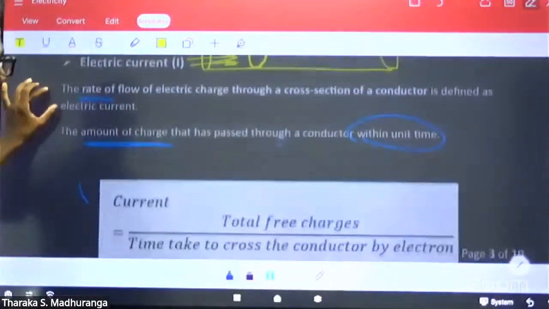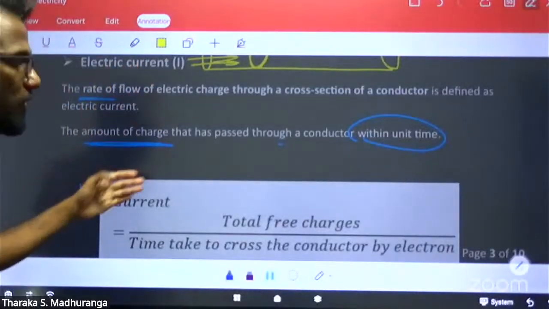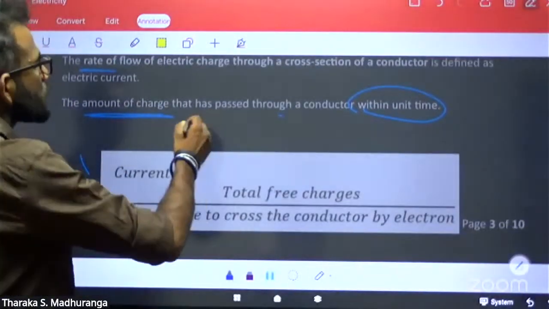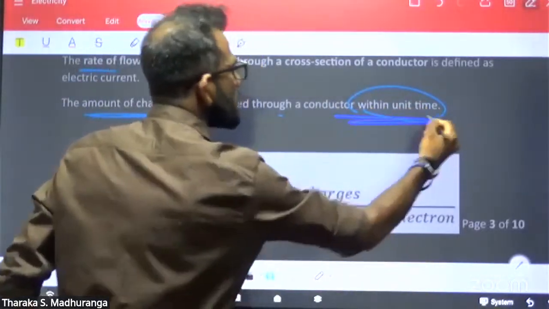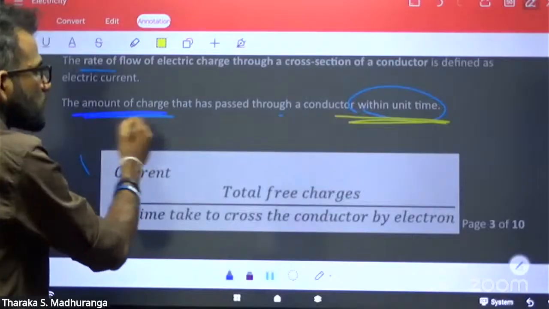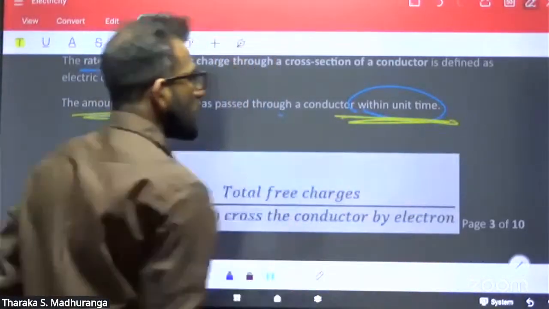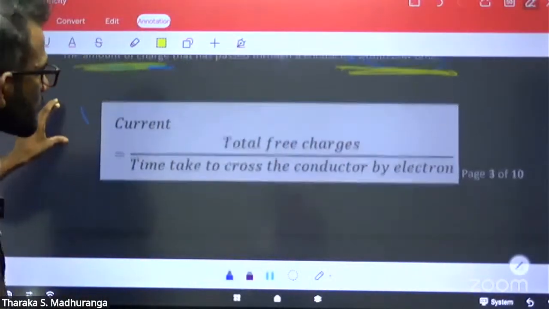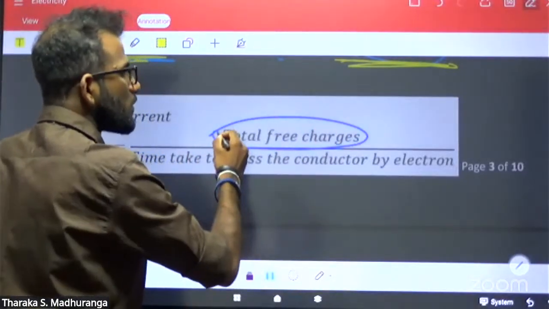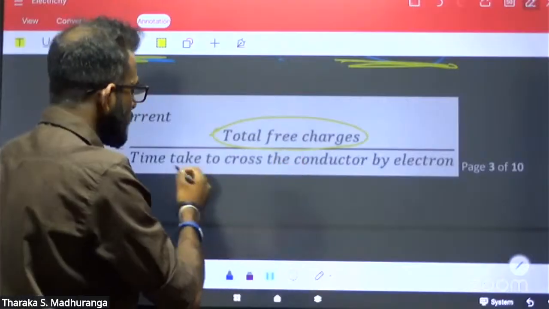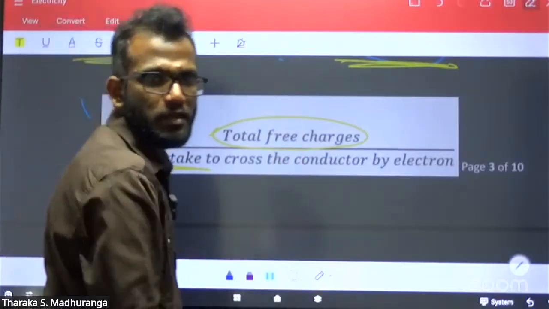According to both definitions, the amount of charge that has passed through a conductor within unit time, very important, we can get a relationship. The current equals the total free charge, meaning free electrons, divided by the time.